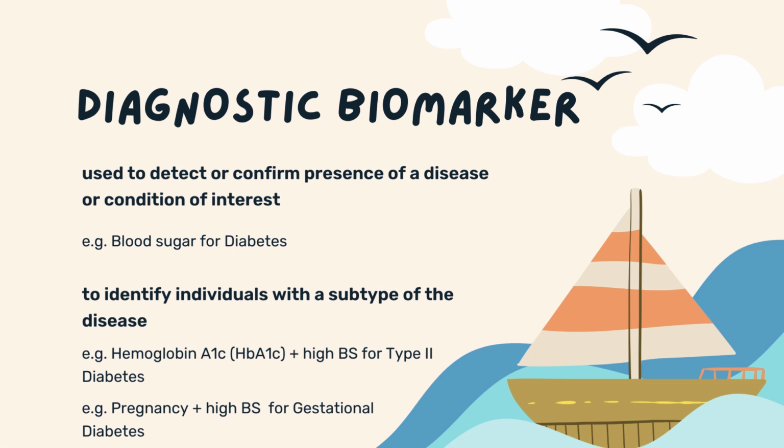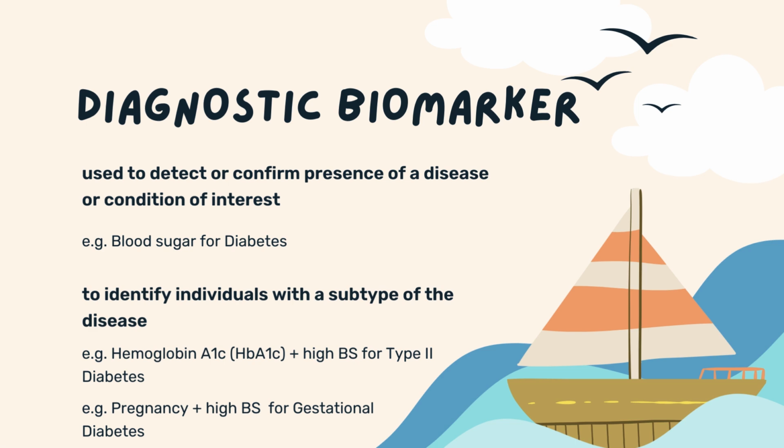A subgroup of study may use diagnostic biomarkers as well. For example, if hemoglobin A1C is detected as positive, plus a high blood sugar level, that might be diagnosed as type 2 diabetes.